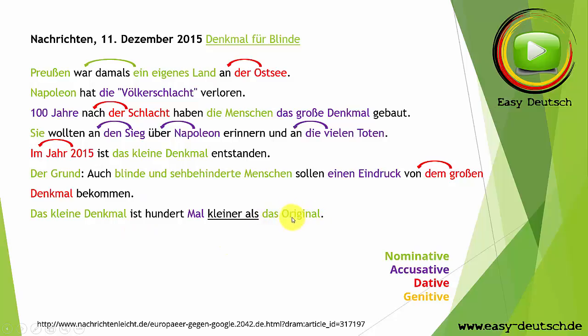And das Original is nominative as well because to be refers here not to 100 mal, so it doesn't refer to this noun. It refers to kleiner als, so smaller than. So indirectly, it refers to the original, das Original, and that's why that's nominative case as well.